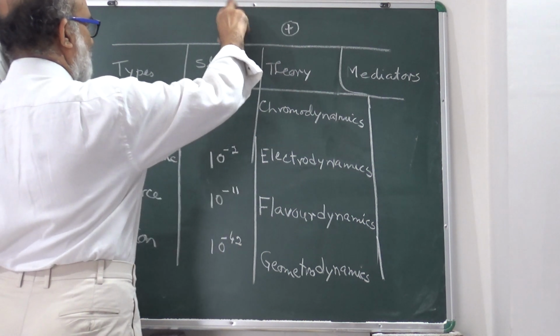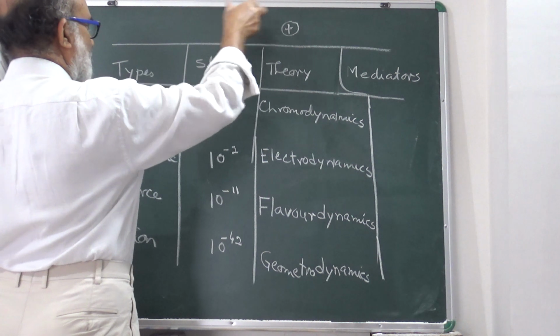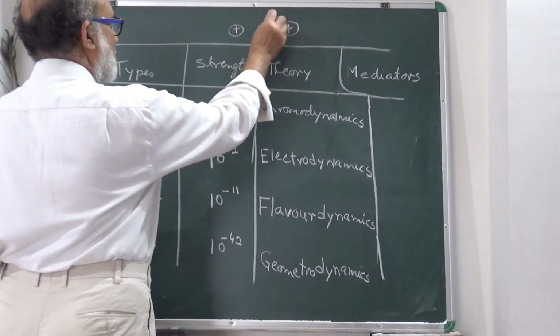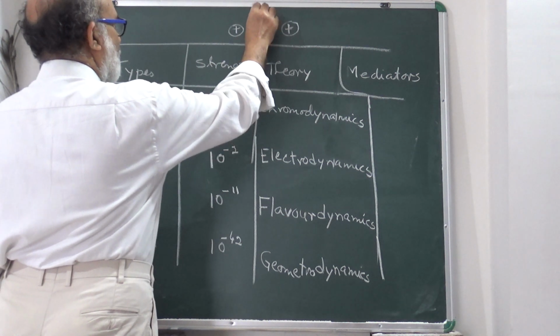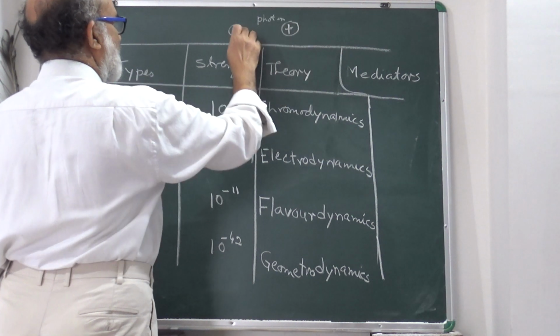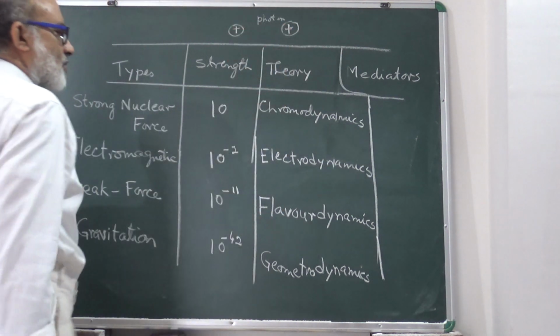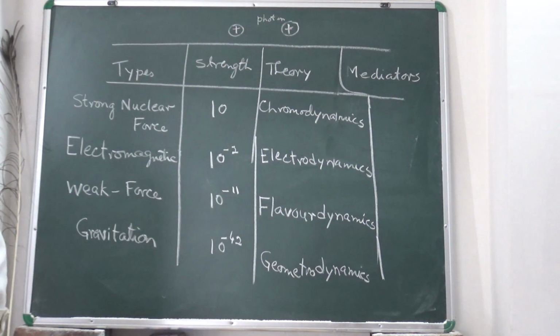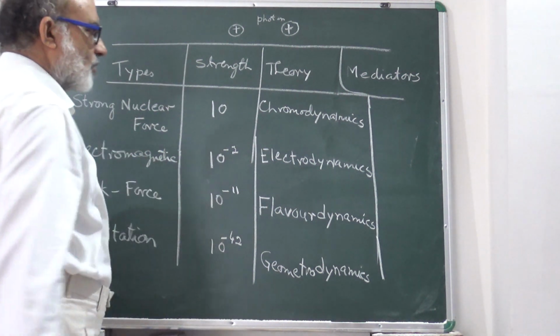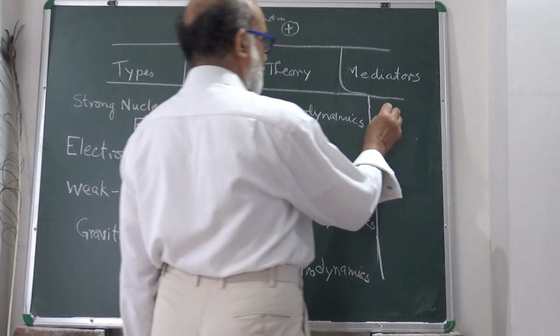This charge has formed an electrostatic field, and this is also an electrostatic field. The quantum of that electrostatic field is called the photon. So the photon is a mediator between the two charges for the interaction. The mediators for the strong nuclear force are called gluons.